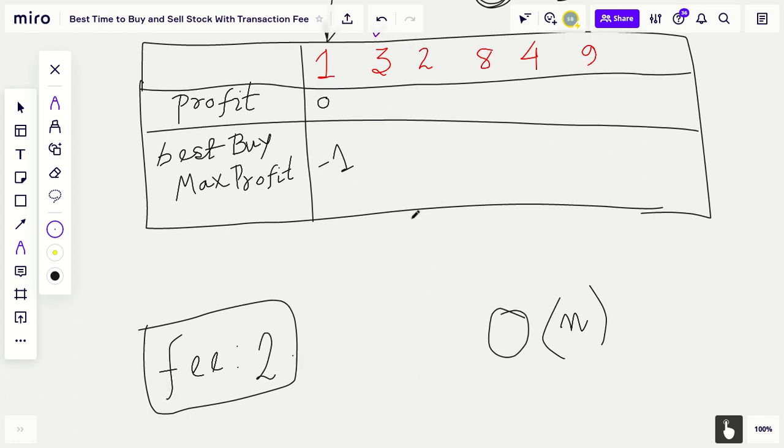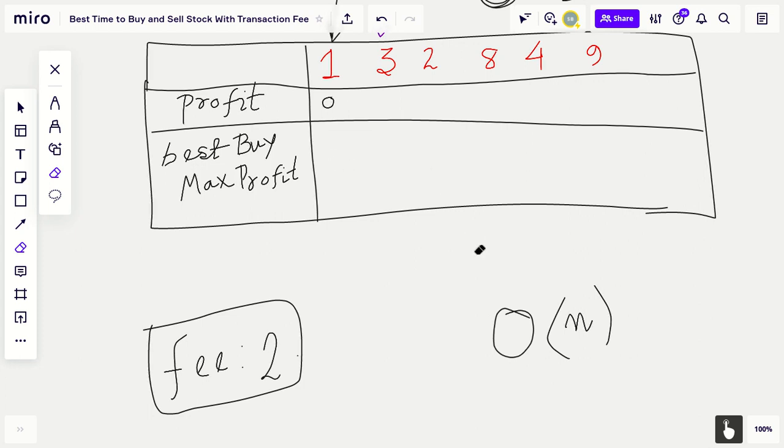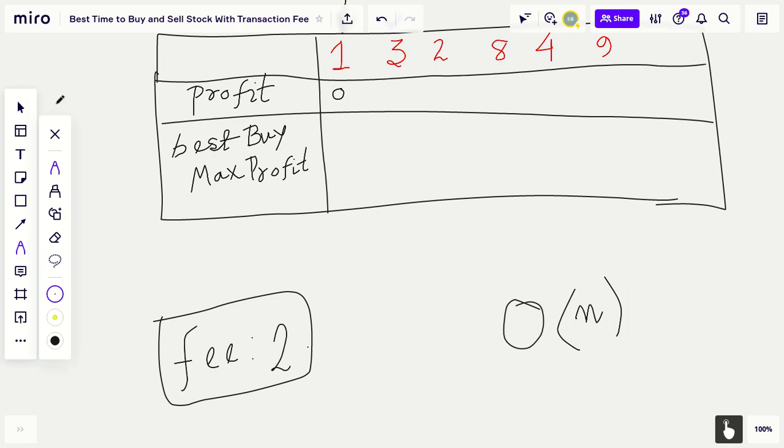Let's see what happens from this value onwards. One more thing: there is also a transaction fee here. I have decided to incorporate the transaction fee at the time of buying the stock itself. Suppose when you're considering the first element, you have zero fund, the price is 1, so if you want to buy, it will be -1, and at the same time you have to pay the fee also, so -2, so it is going to be -3.